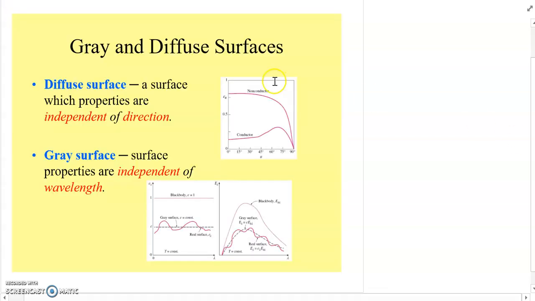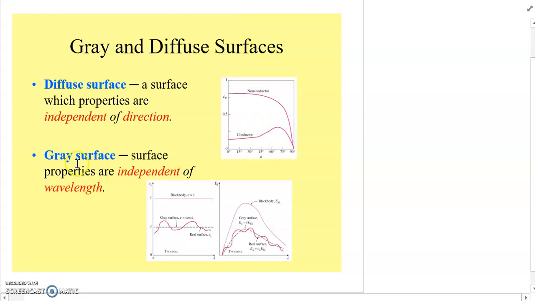Next is about gray and diffuse surfaces. A diffuse surface is a surface whose properties are independent of direction. If you look here, for semiconductor and conductor, the axes are emissivity versus angle of the radiation, so they are independent of the direction of the radiation.